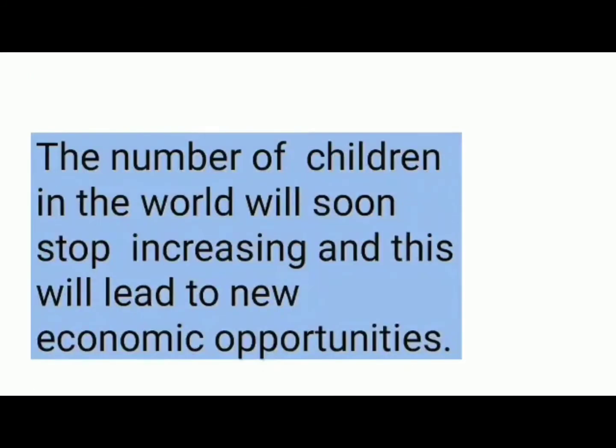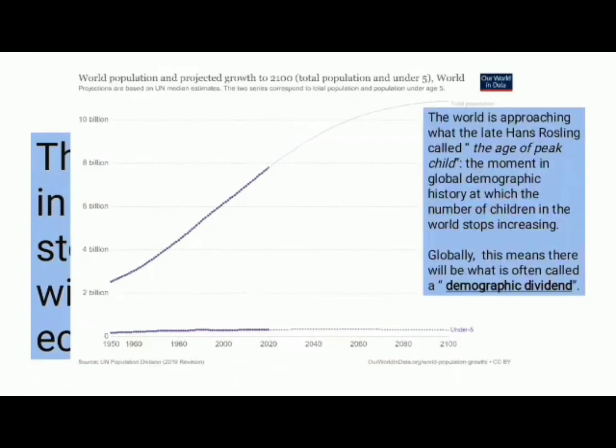Thus, the number of children in the world will soon stop increasing, and this will lead to new economic opportunities. The world is approaching what the late Hans Rosling called the age of peak child, the moment in global demographic history at which the number of children in the world stops increasing.